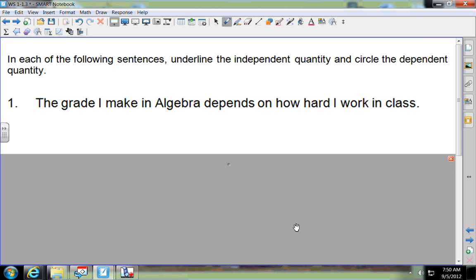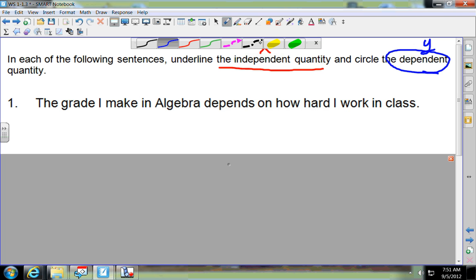In each of the following sentences, underline the independent quantity. Independent is X. Circle the dependent. Remember, dependent is Y. All right. First phrase I see right here, it says, the grade I make in algebra depends on how hard I work in class.